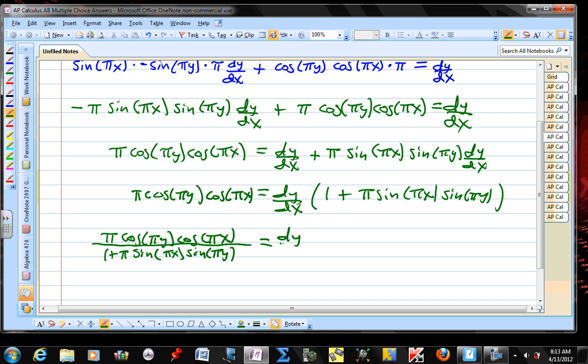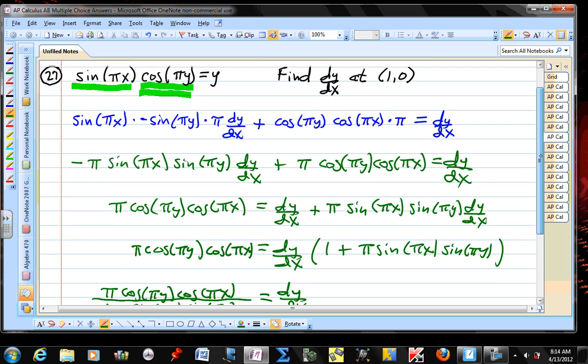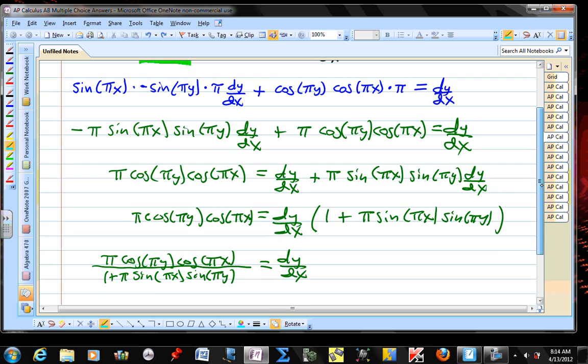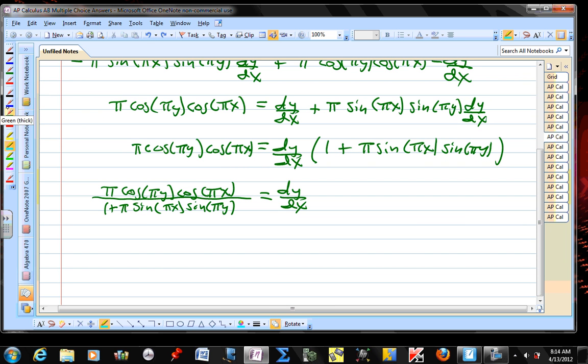This equals dy/dx. But now remember, we need to evaluate this at the point where x is 1 and y is 0. So what we're going to do now is take this expression and replace every x with 1 and every y with 0.